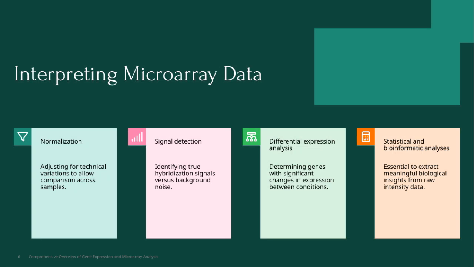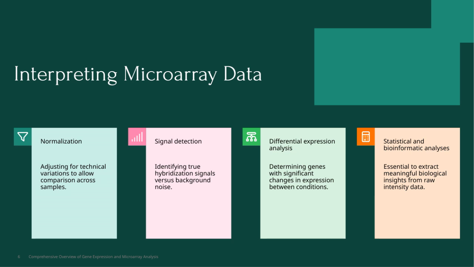When interpreting microarray data, the first crucial step is normalization. This process adjusts for any technical variations that might occur during the experiment, ensuring that we can accurately compare results across different samples. Next, we focus on signal detection, which involves distinguishing true hybridization signals from background noise. So we only analyze meaningful data.